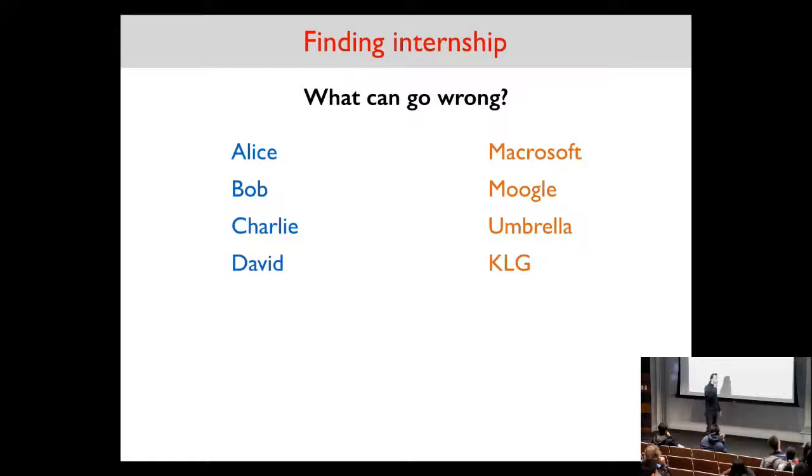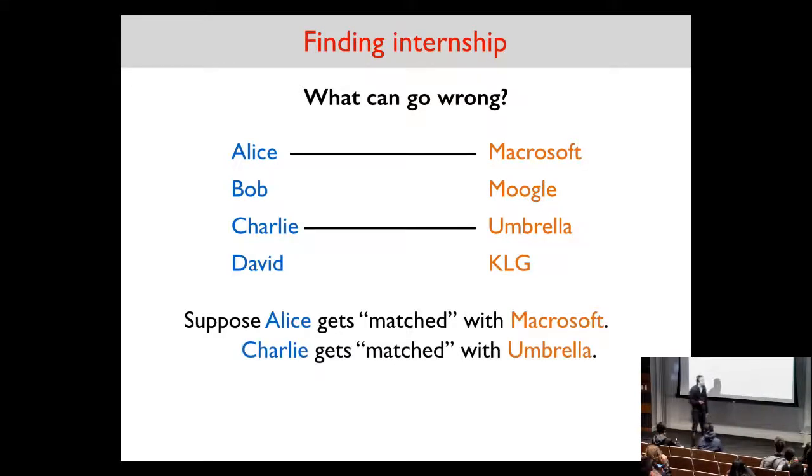Okay, so you have this situation. And let's say you get some pairing up. So Alice maybe goes to Microsoft, Charlie goes to Umbrella, whatever. Is there anything that can potentially go wrong when we do some kind of pairing up? Well, one thing that can go wrong is the following. Suppose Alice gets mapped to Microsoft, Charlie gets mapped to Umbrella.